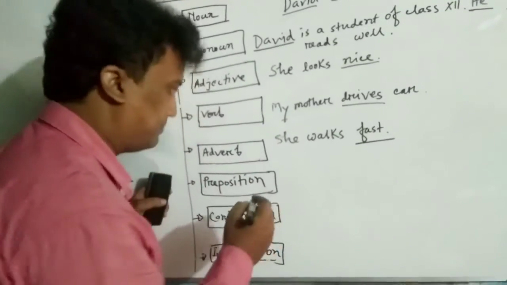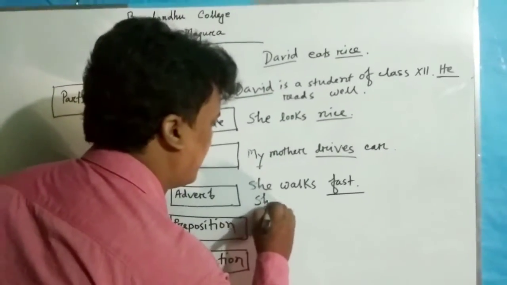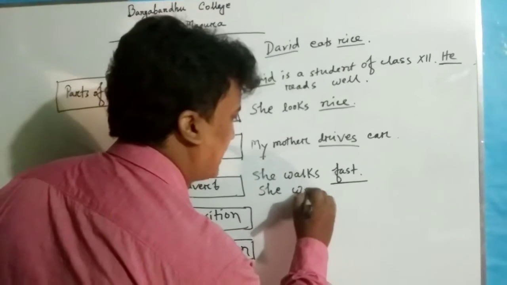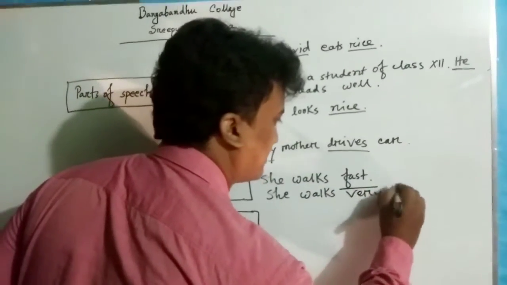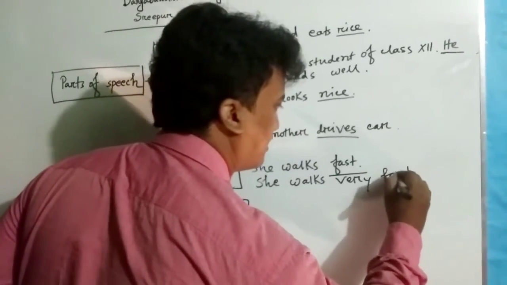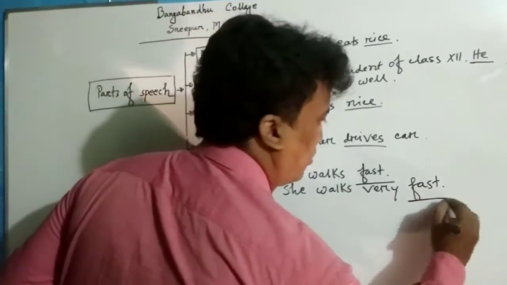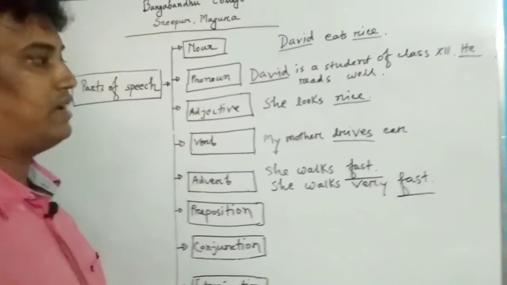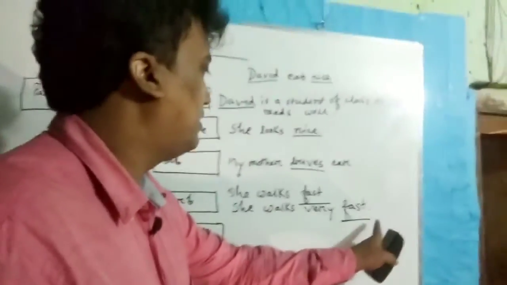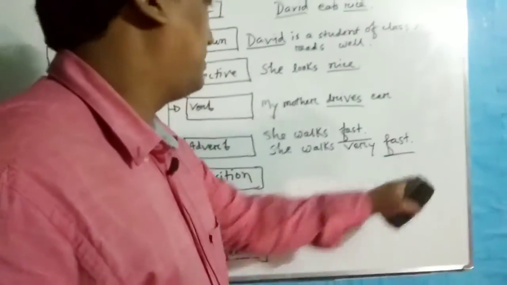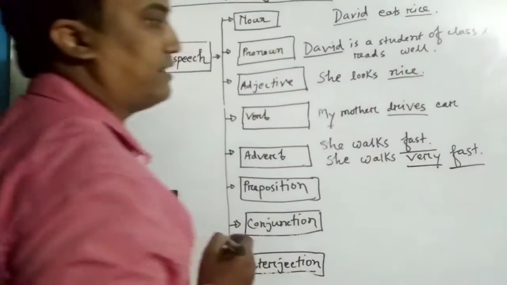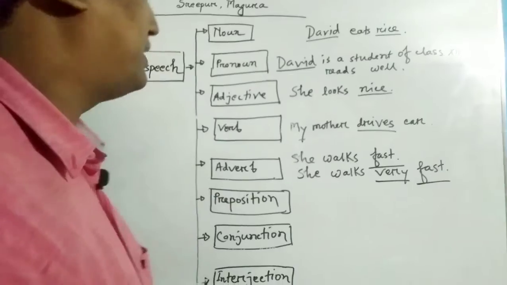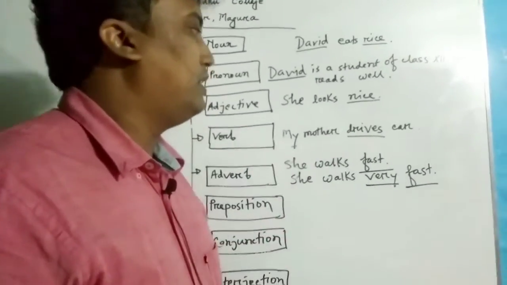Another example, she walks very fast. Look at the underlined word fast. So it's the example of adverb. But this underlined word very is also the example of adverb.